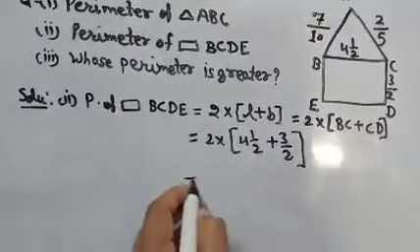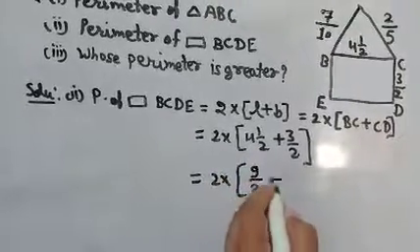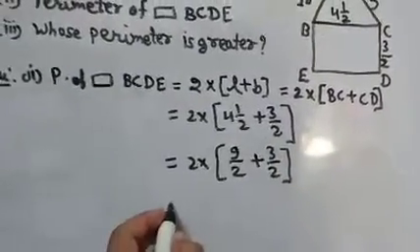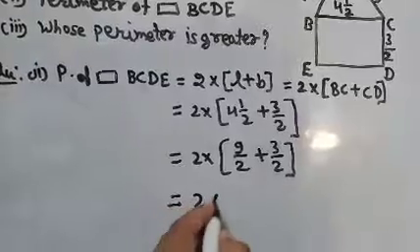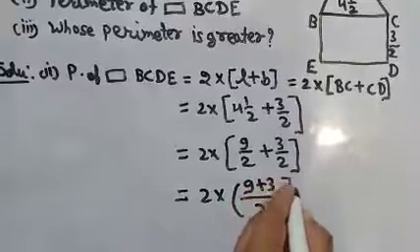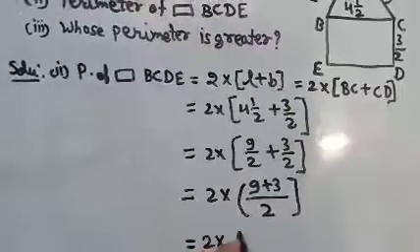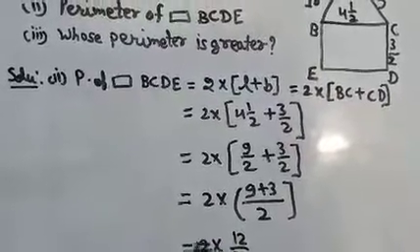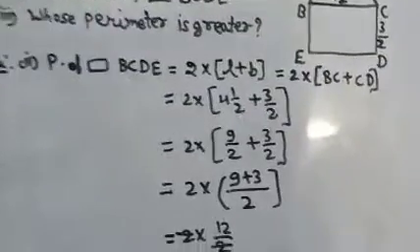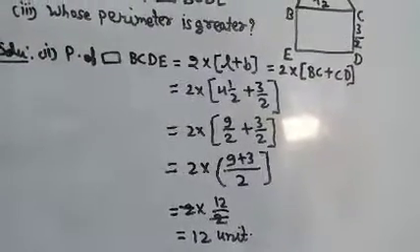So 2 into 4 twos are 8 plus 1 is 9 upon 2, plus 3 upon 2. Solve the bracket by taking the LCM of 2. 2 into 9 plus 3 upon 2, that is 2 into 12 upon 2, 2 by 2 cancel, is equal to 12 unit. This is the perimeter of rectangle BCDE, 12 unit.